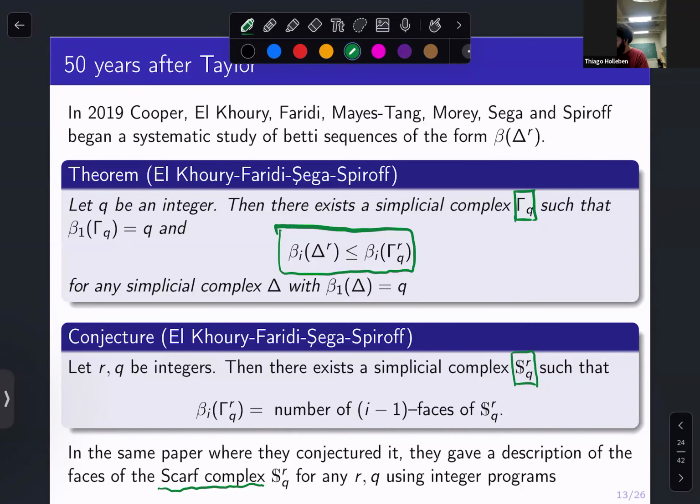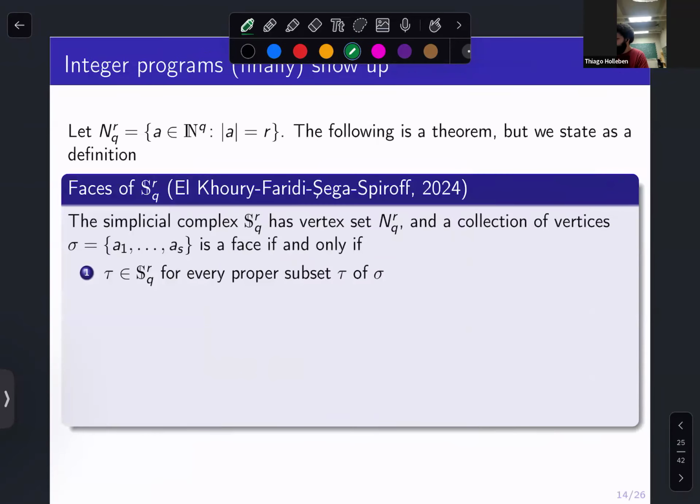Yeah, and the definition of that complex is where the integer programs come up. So what they showed, this is a mixture of a theorem and a definition. I'm stating it as a definition, but in their paper it's a theorem. What they showed is, let's say you have this set of vectors, which is the vectors with integer coordinates, where the sum of the entries, this is my notation for the sum of the entries, is equal to r.